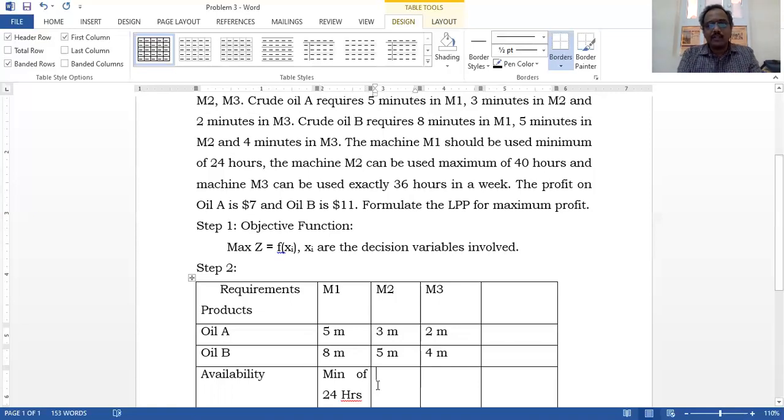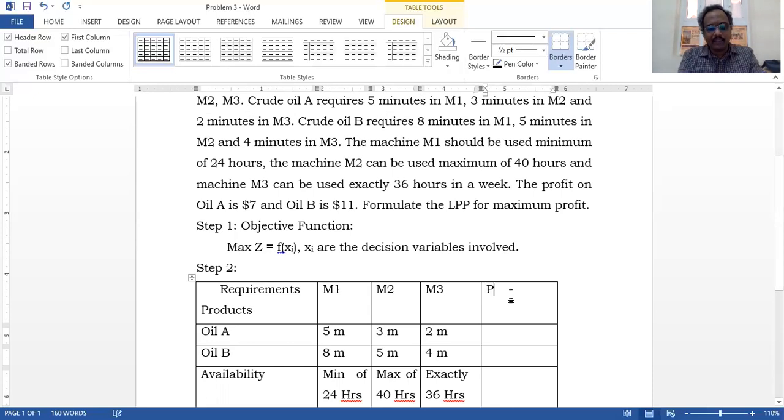For machine M2, they have stated that this shall be used only maximum of 40 hours. That means I cannot use more than 40 hours. I have to use it less. And for M3, they have stated exactly 36 hours. That means I can use neither less nor more. I have to use exactly this.